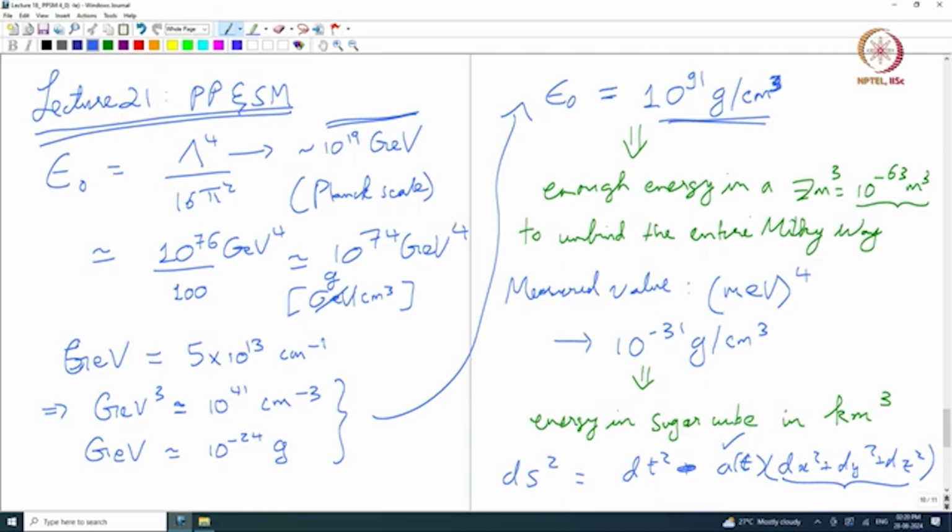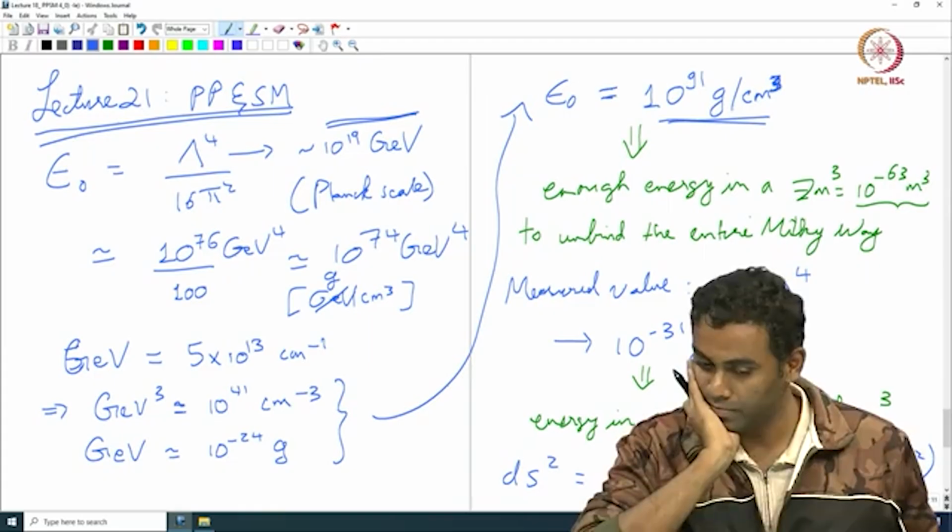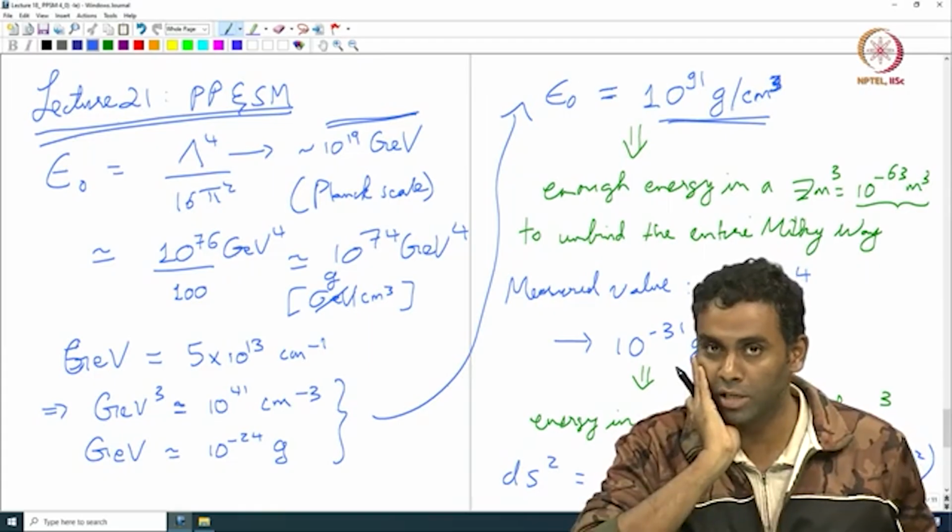And if that energy is positive, then space will expand away so fast that you won't see anything beyond a Planck length. So the horizon length will become the Planck length. Either way, the universe would be a very tiny place, and we wouldn't have ended up with such a big universe.